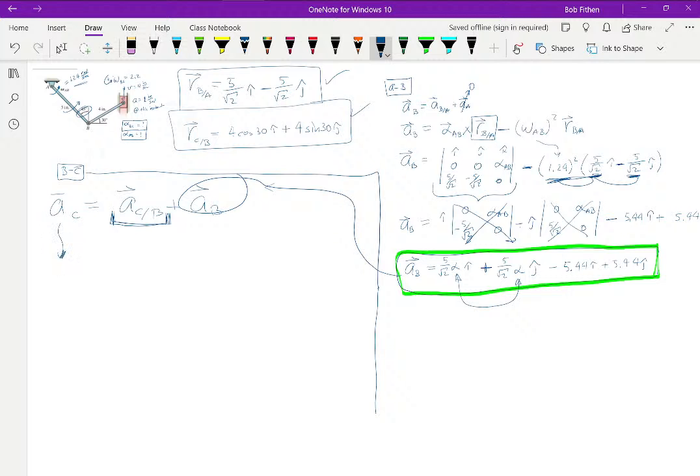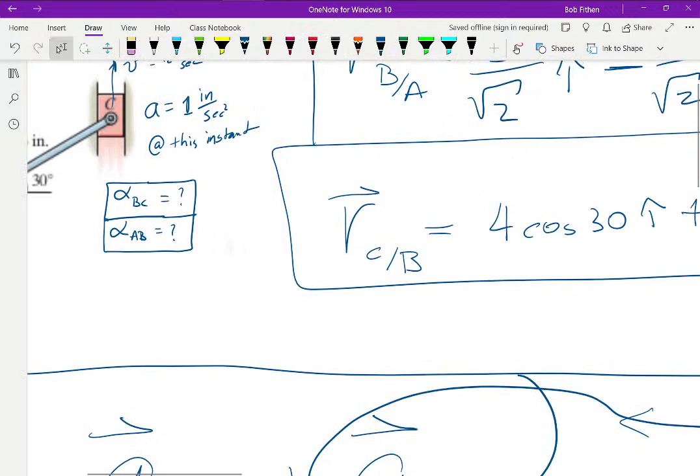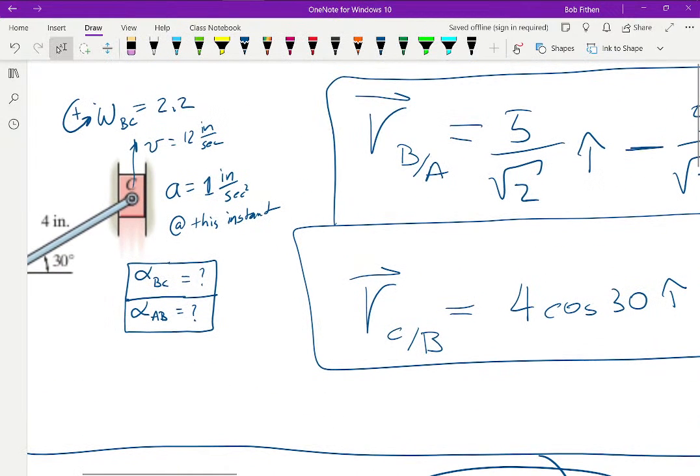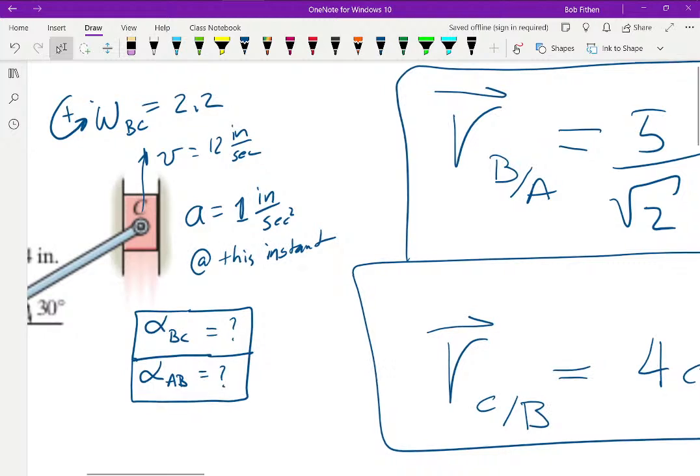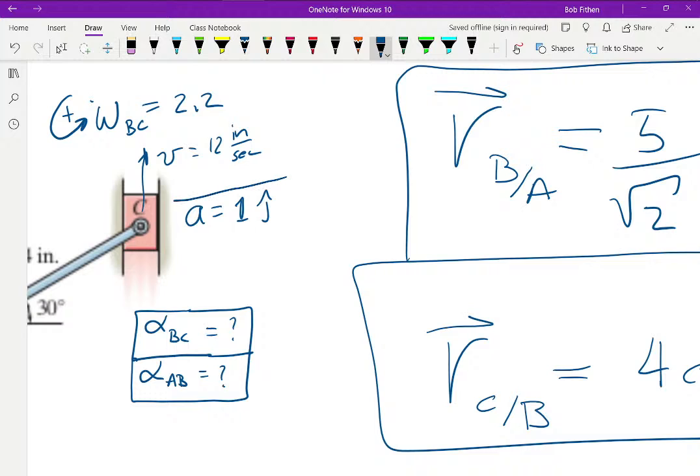I can go ahead and identify one particular part here, and that is if it truly is accelerating this way, and that is the vector form of it.